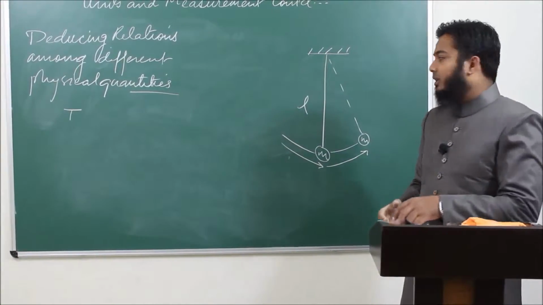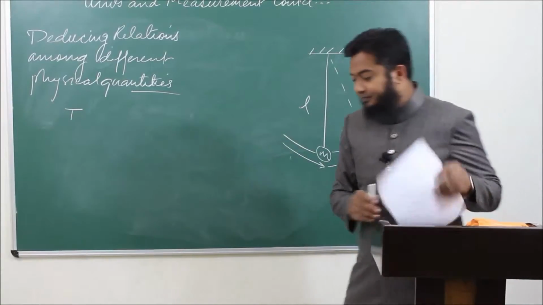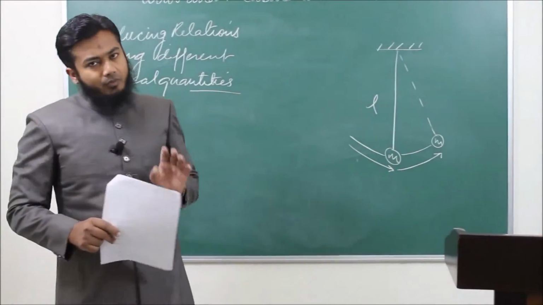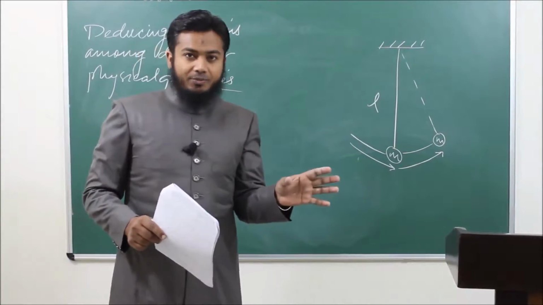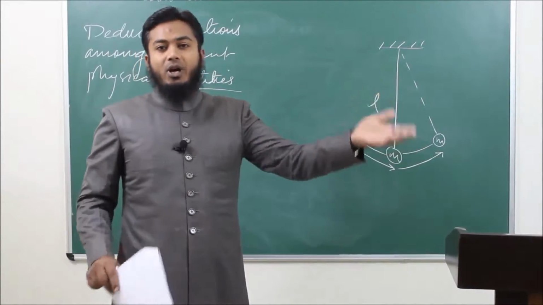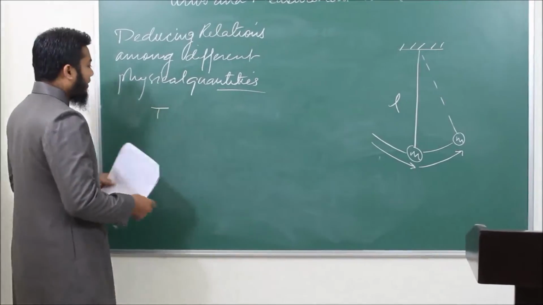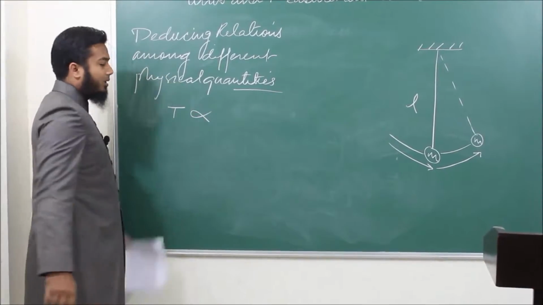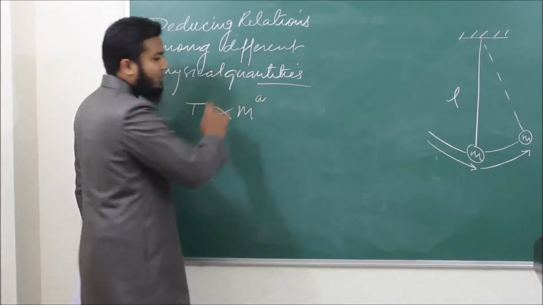So let's suppose that this time period also depends on the gravitational acceleration. Now we are guessing that it depends on mass. Now what is the relationship? It is inverse relationship or direct relationship, or it is proportional to m square or inversely proportional to m square. We don't know. So we will write that this time period is proportional to m raised to some power.